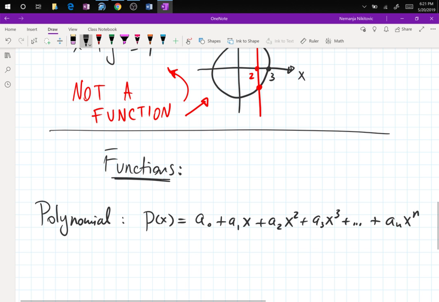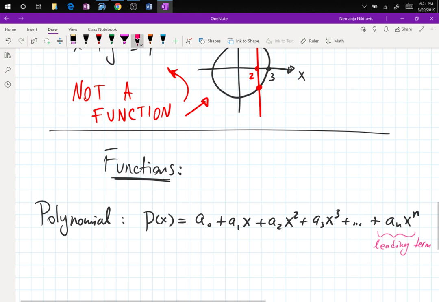Polynomials must be finite, and they are going to have the highest exponent term, and that one will be called the leading term. Whatever the highest exponent is, that's the leading term, and also the order of the polynomial. So if your highest exponent is 5, the polynomial is 5th degree.